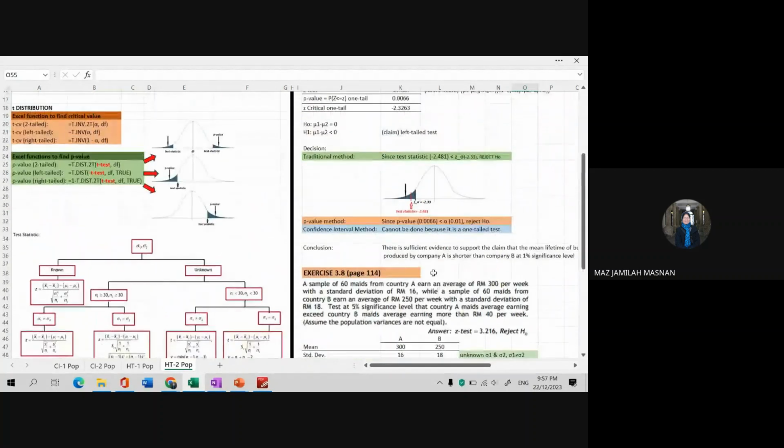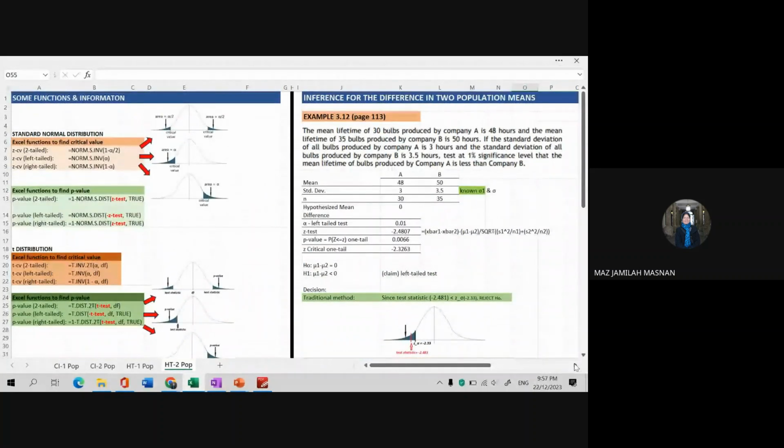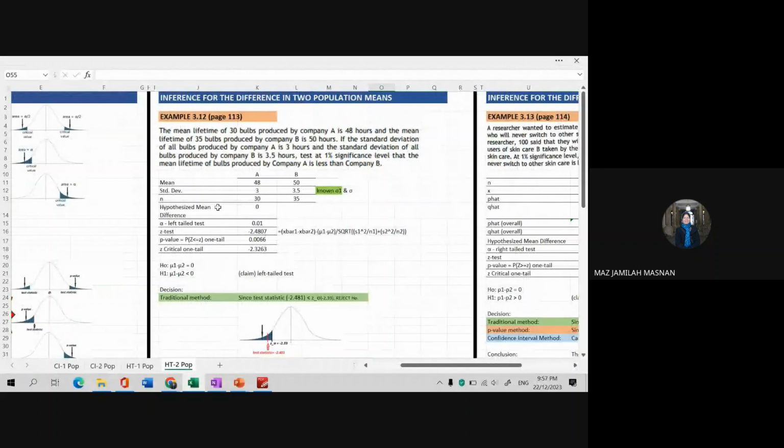Now, let us move to the first example, on page 113, which says the mean lifetime of 30 bulbs produced by company A is 48 hours and the mean lifetime for 35 bulbs produced by company B is 50 hours.